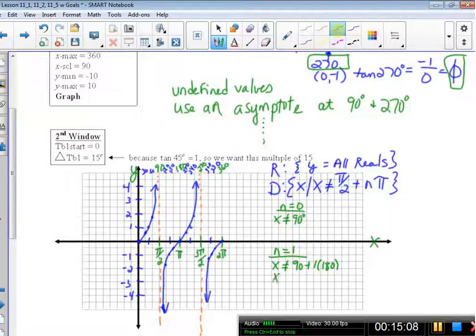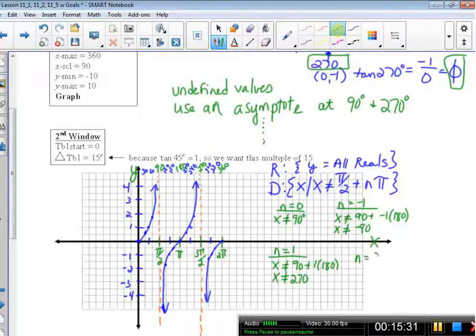And that's x does not equal 270. Okay? That's true. If n was equal to negative 1, then x would not equal 90 plus negative 1 times 180. 90 minus 180 is negative 90. So that's also where it's undefined.